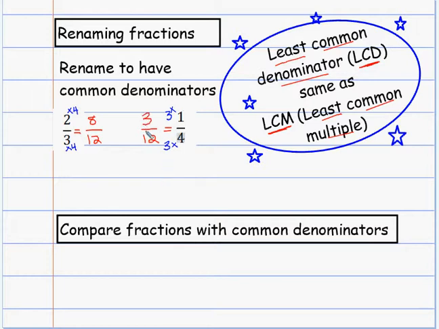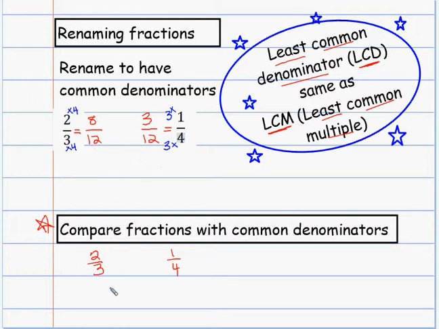Great. Now that I have common denominators, I can add them, subtract them, and also compare them. If I was asked to compare 2/3 and 1/4, there's not a lot I can do, because they're not equal sizes. While 2 looks like it's more, it may not really be. So you need a common denominator so you can compare them.